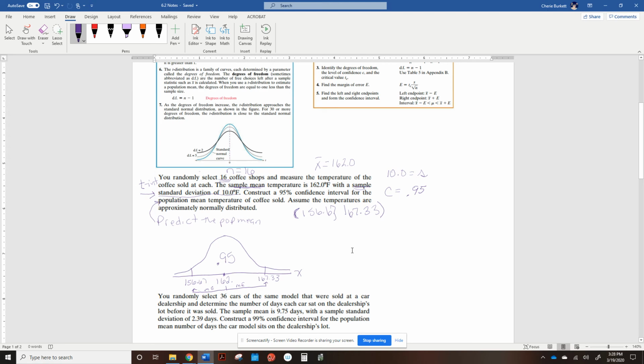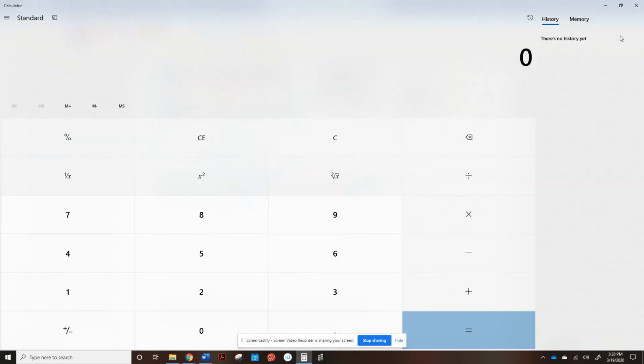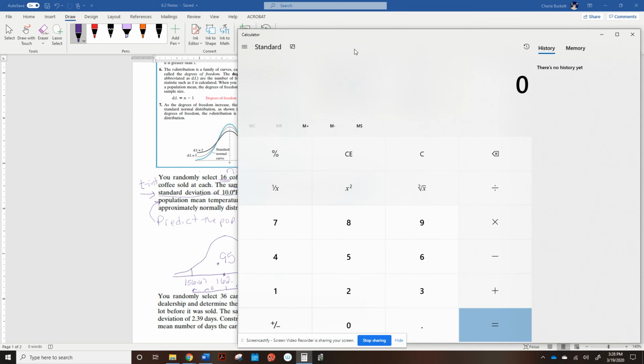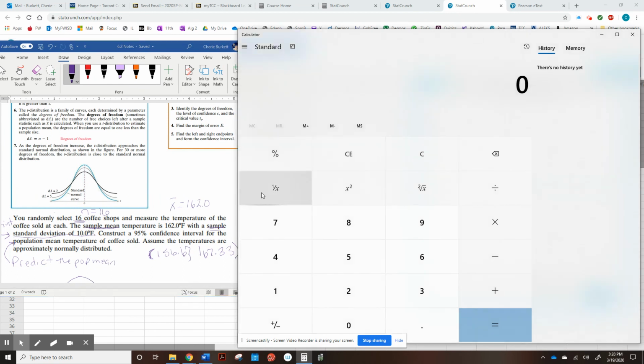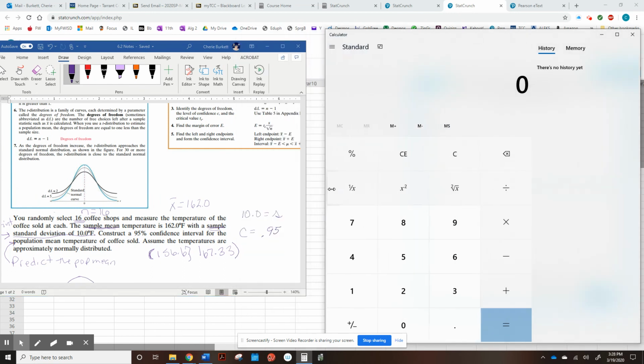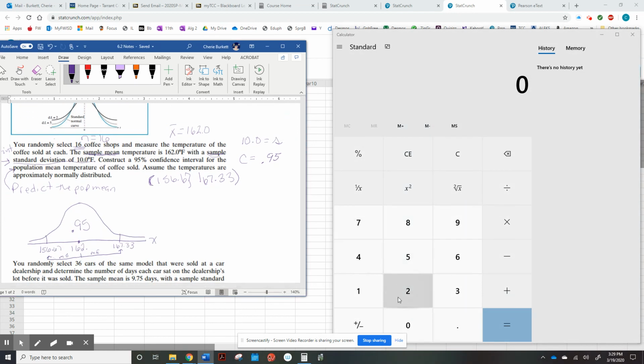So just real quick, let's calculate the margin of error. 162 is the middle.